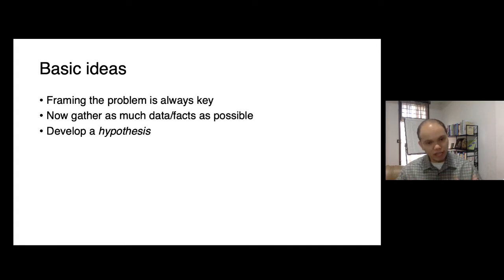So the idea of developing that hypothesis, and not being stuck with something static, is what we should always keep in mind as we're going through our analysis.